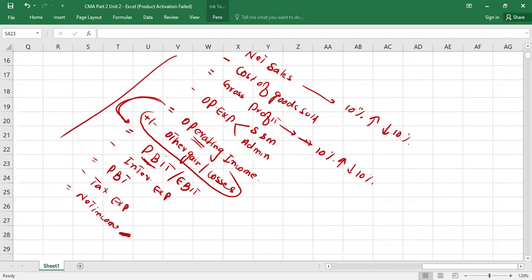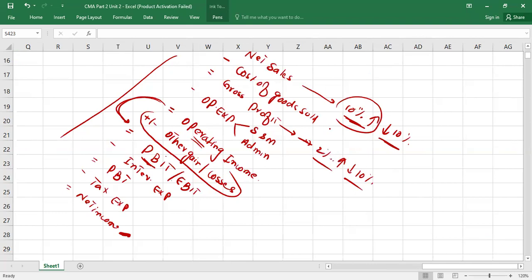Or it should be related to the sales. If sales increase by X percentage, ideally gross profit should also increase by that X percentage. Or if sales have decreased by X percentage, gross profit should also have decreased by that X percentage. Understood? This is the point you should remember. But if you are facing this scenario, let's say your sale has increased by 10%, but gross profit has increased by only 2%, it means there's a problem.